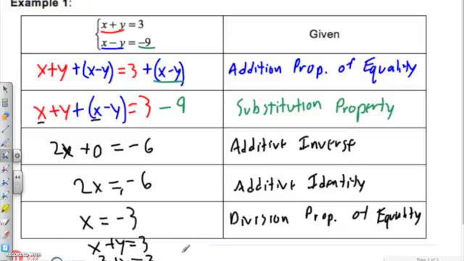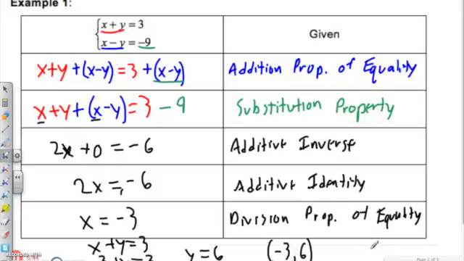So I would add 3 to both sides and get y equals 6, for the ordered pair negative 3, positive 6. So again, just to recap on why we call this the elimination method, when we combine our like terms, we eliminate one of our variables and we get it down to just one variable for us to solve.